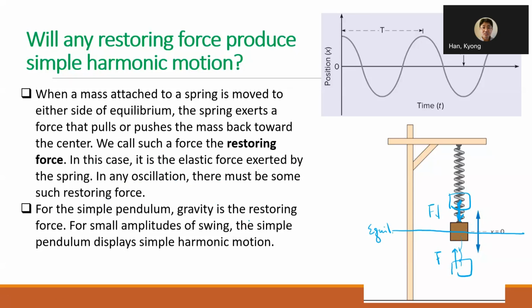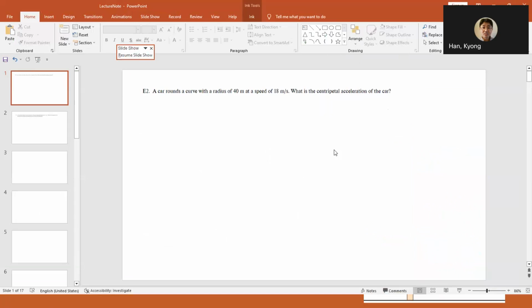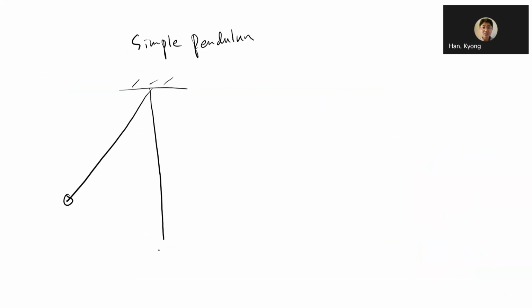For a simple pendulum, gravity is the restoring force. For a small amplitude of swing, the simple pendulum displays simple harmonic motion. Think of a simple pendulum: this is the equilibrium position, and the ball moves back and forth like this.